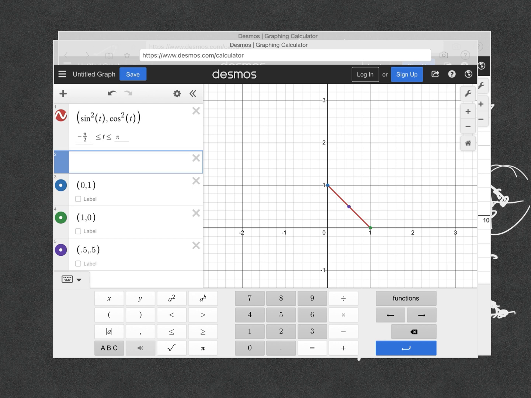So we're just going back and forth on this line. That's kind of a big deal, and it's worth thinking about what's happening. You go from negative pi over 2 to 0, you go from 1, 0 to 0, 1, and then you go from 0 to pi over 2, and you go back to where you started.